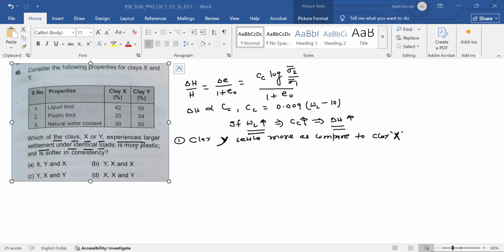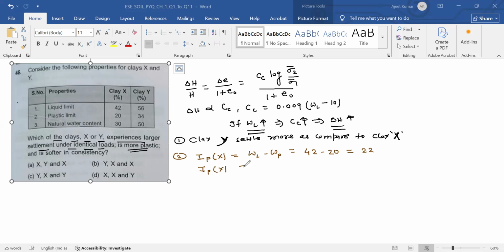And the second question in this is which one is more plastic. To check which soil is more plastic, we calculate IP. So IP of X is equal to liquid limit minus plastic limit, which is 42 minus 20, so this is 22.